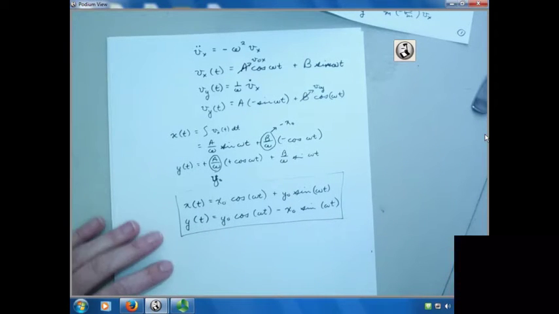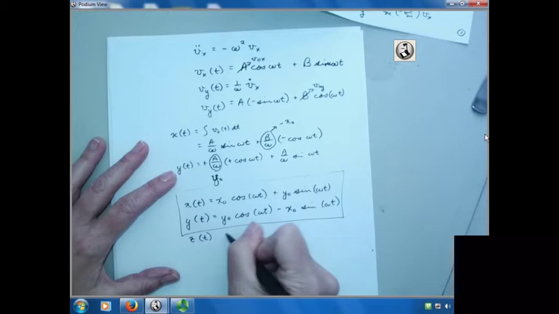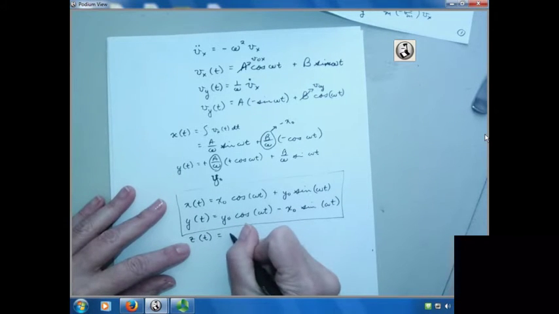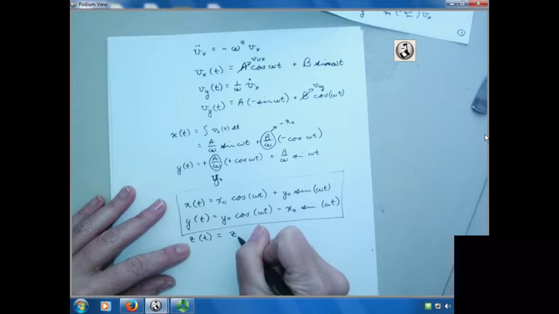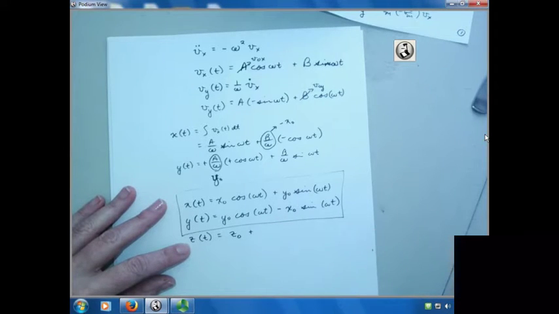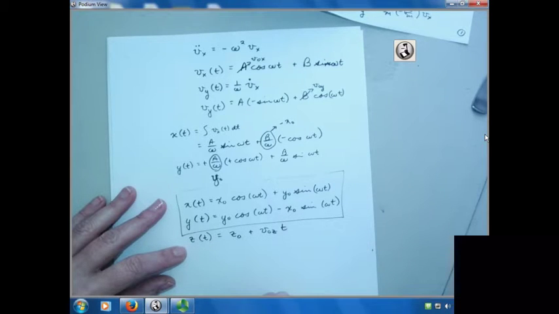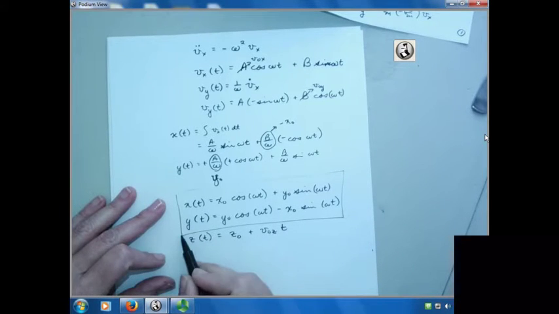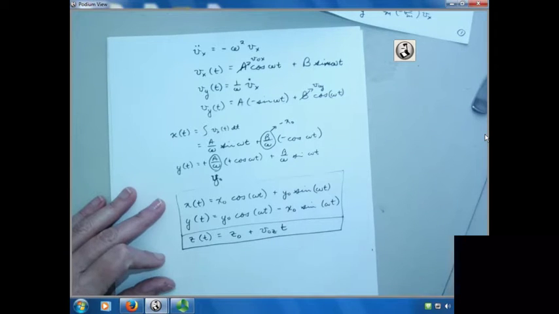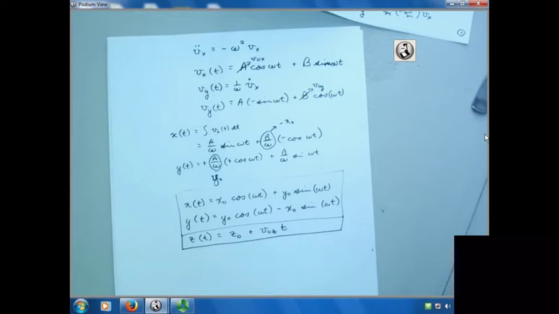And by the way, z as a function of time is equal to z naught plus v naught z times t. That's your location of your particle as a function of time.